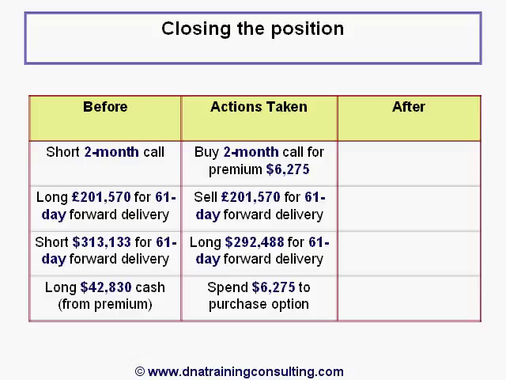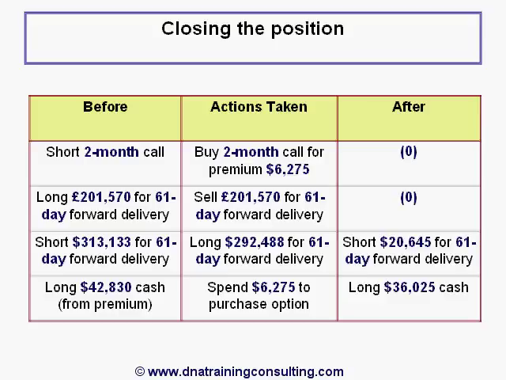The last column of this table can now be devised to show the net position for the trader after these actions, with the option and the sterling legs being completely square, i.e. neutralizing each other, the cash position having been depleted, but only from 42,000 on the left at the bottom to 36,000 at the bottom right, and then in the row immediately above that, the trader continuing to be short dollars in the forward market, but for an amount of only 20,645.